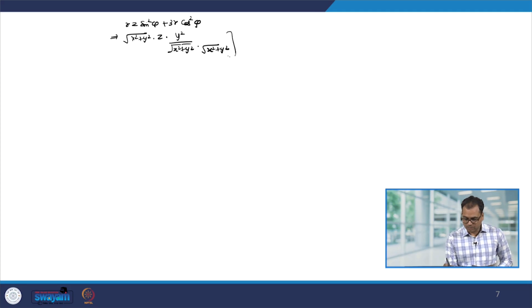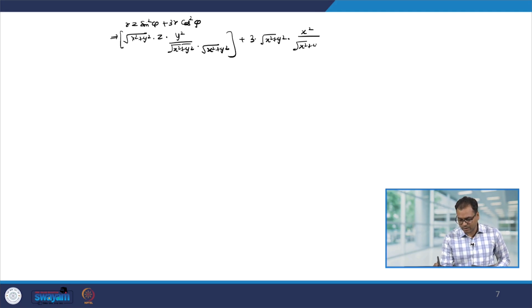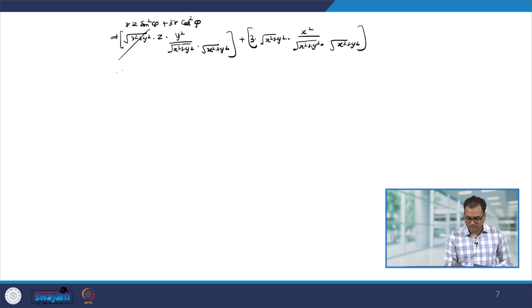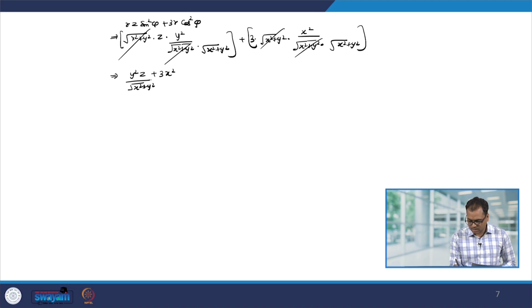So this is rz sin square phi plus 3, r is square root x square plus y square, and cos square phi is x square over square root x square plus y square into square root x square plus y square. Again this square root will cancel with this and this will get cancelled with that. Therefore we are left with y square z over square root x square plus y square plus 3x square.